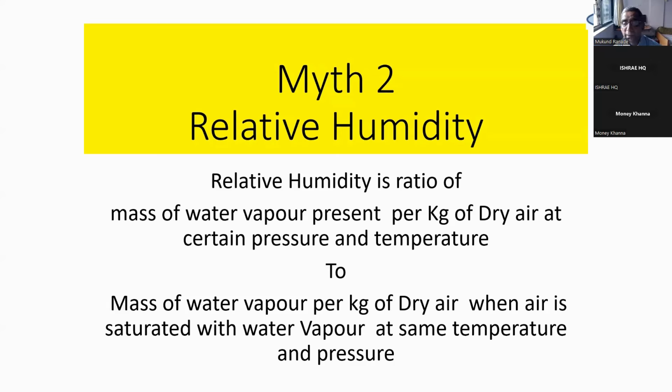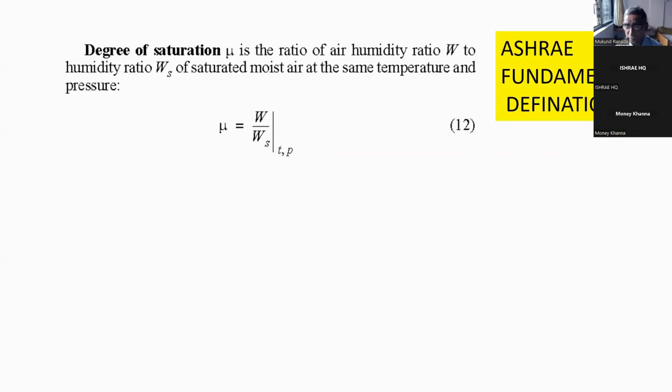This is what many people take as the definition of relative humidity, which is not correct. Actually, this ratio is called the degree of saturation. ISHRAE defines degree of saturation as the ratio of humidity ratio W to humidity ratio Ws of saturated moist air at the same temperature and pressure.